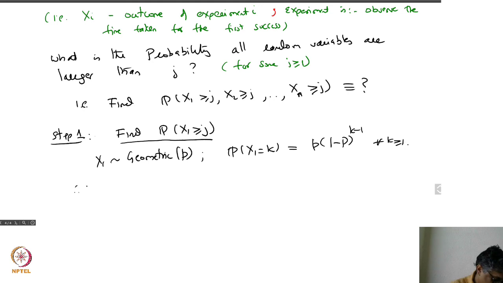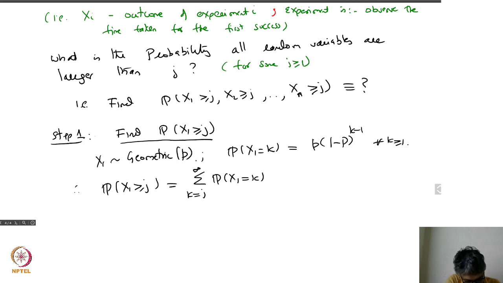Now, therefore, the chance that x1 is bigger than or equal to j is what? You look at the chance that x is equal to k, and you sum over all possibilities of k from j to infinity.